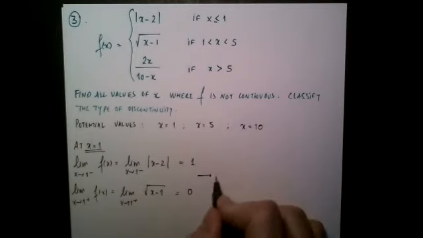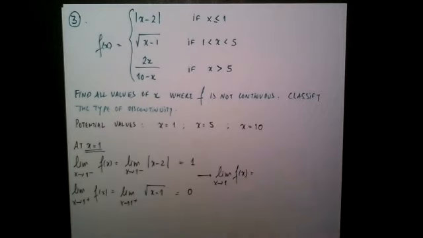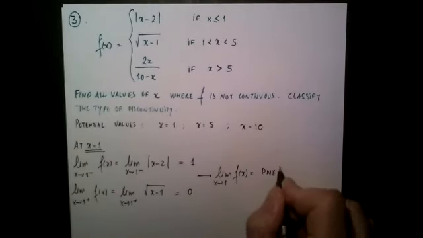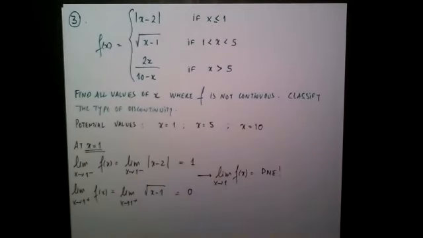So the limit as x approaches 1 of f of x is what? It does not exist, because from the left and from the right, they don't approach the same value. So we have a discontinuity at x equals 1. What type of discontinuity? How do you call this type?